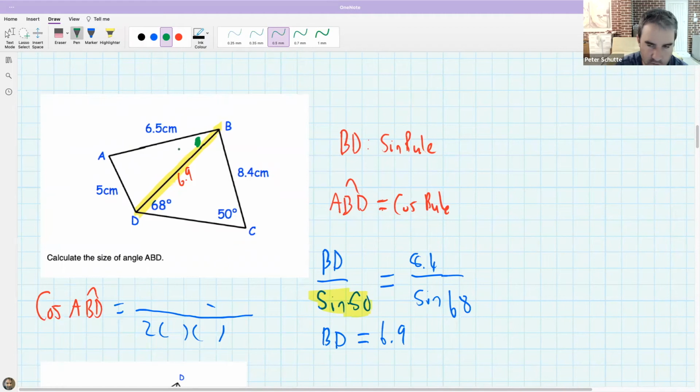In the previous lessons, what I've always done is I've said when you're trying to find an angle, always look at the side that's opposite that angle when using the cos rule and write that down first so that you don't forget.